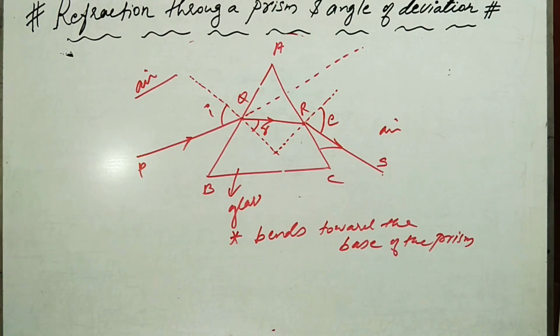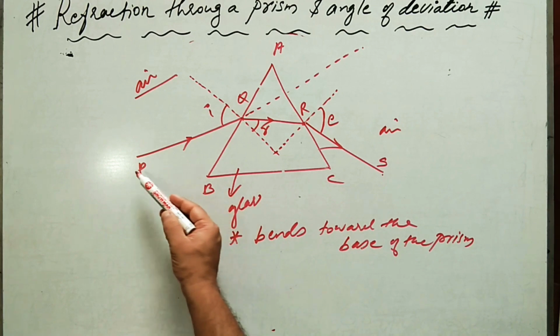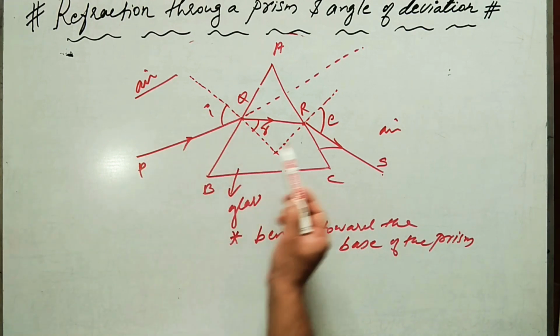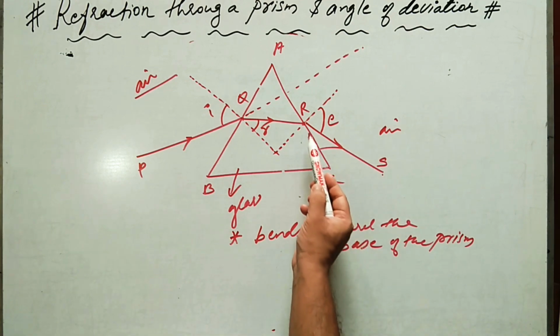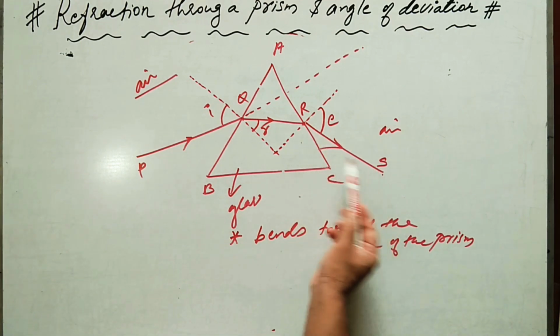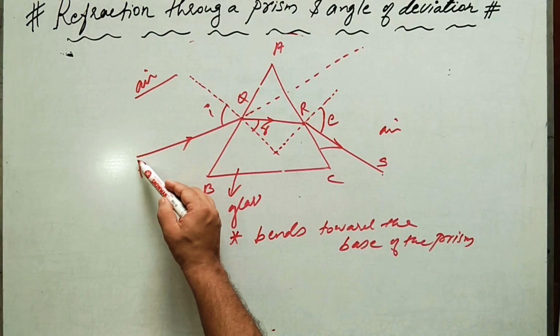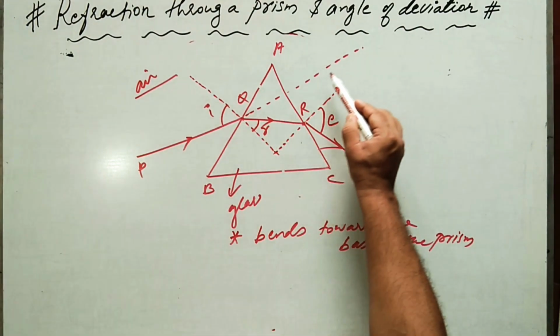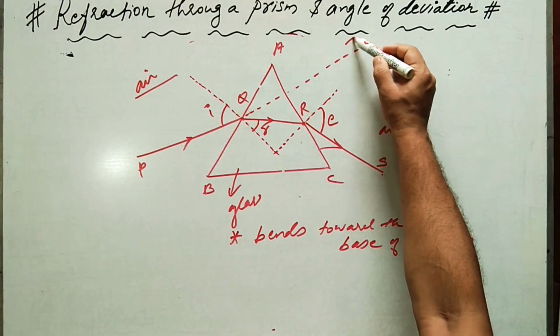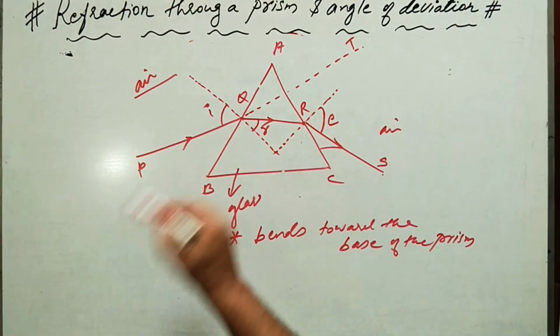Now, compare the incident ray PQ and the emergent ray RS. You can see that the emergent ray has deviated from its original direction. PQ would have traveled along a straight line path, along PT, if there was no glass prism.